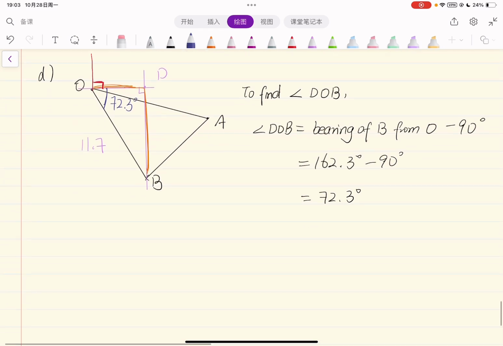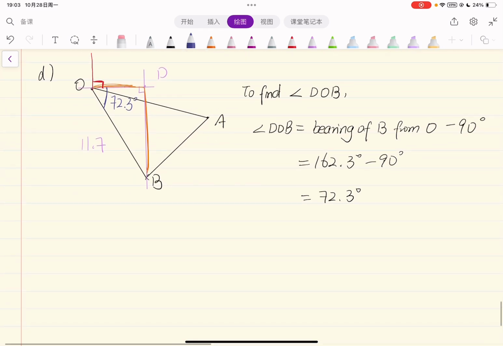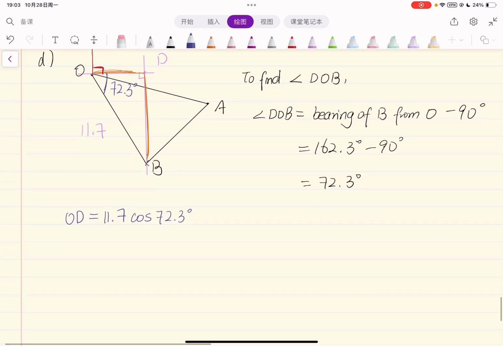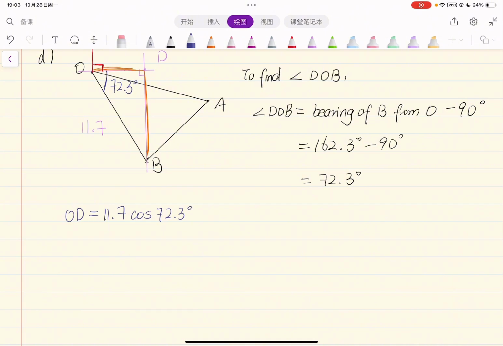So we get that OD equals 11.7 cosine 72.3 degrees. And DB equals 11.7 sine 72.3 degrees. And then you can write down the vector OB. That equals 11.7 cosine 72.3 degrees i.